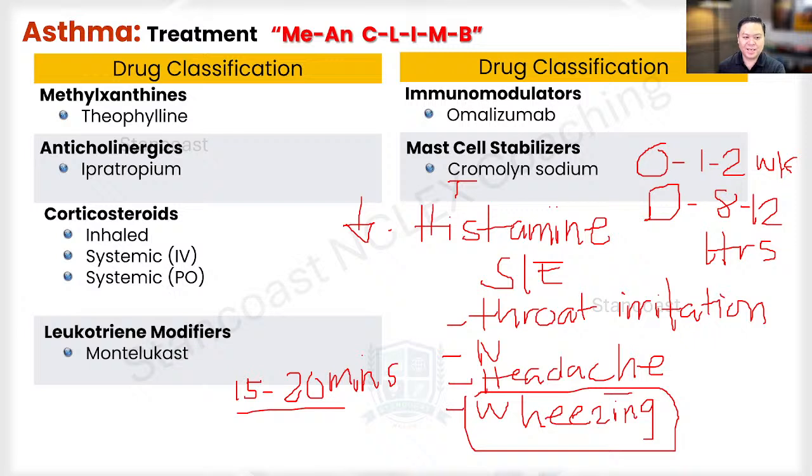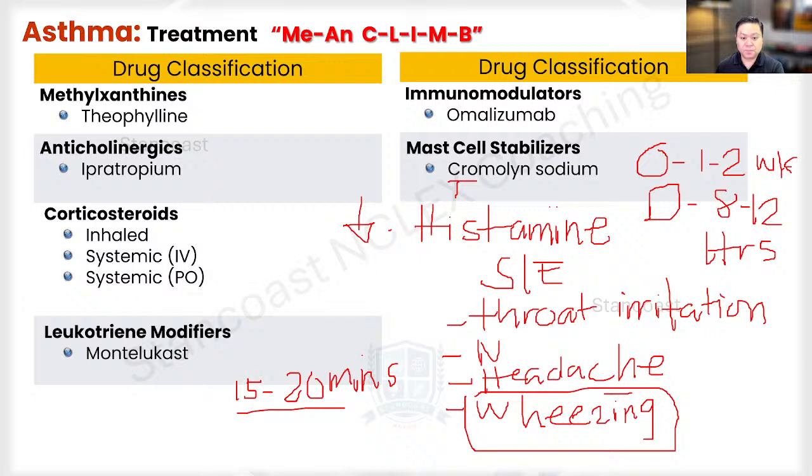Kind of sounds stupid, but there are some people that cannot really avoid it because maybe it's their way of living, maybe that's their occupation that they just can't avoid. And so they need to be taking this medication in order to decrease their chances of developing the inflammation in their lung fields.